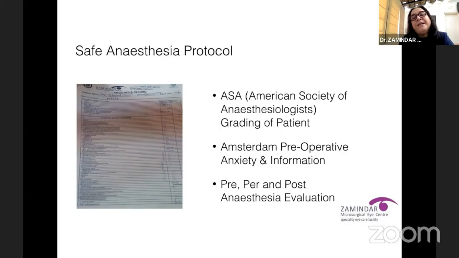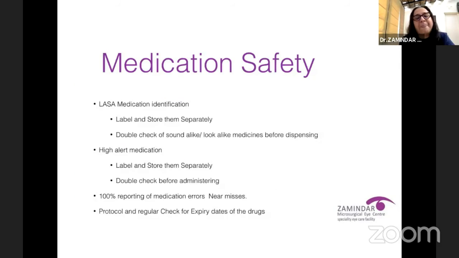It's very important, in conjunction with your anesthesiologist, to have an anesthesia policy, especially in an ophthalmology operation theater where medical emergencies are rare. But when they are rare, your readiness should be very high because your experience to deal with such emergency is less.